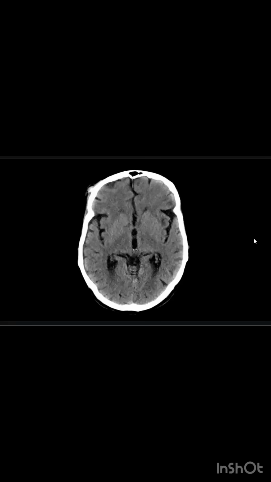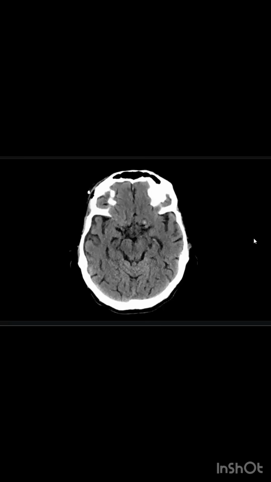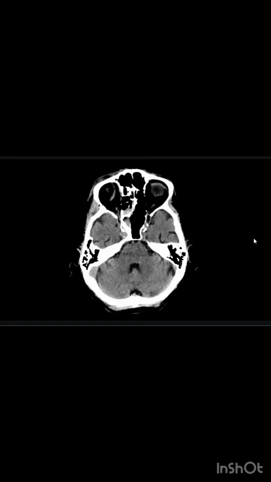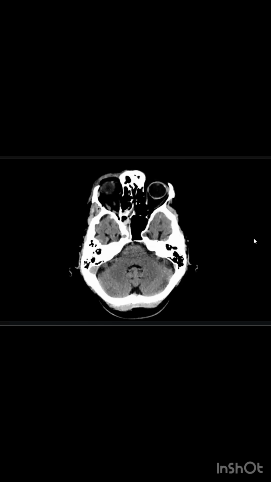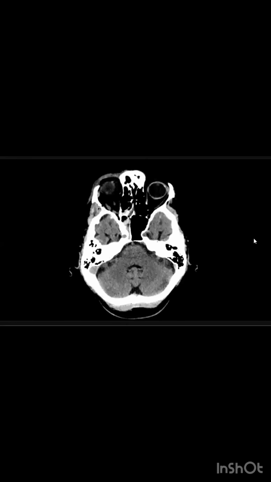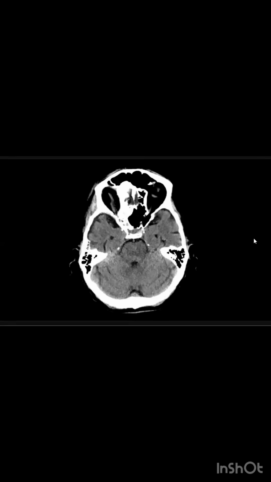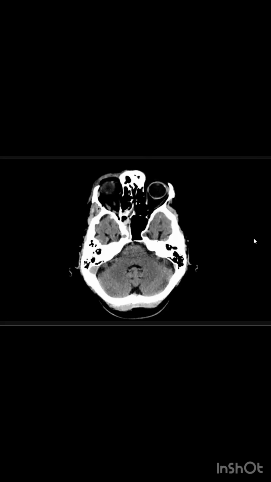Check areas are the basal cisterns and the foramen magnum to rule out any herniation. There is subtle hyperdensity noted in the right transverse sinus. Okay, it's not abnormal.